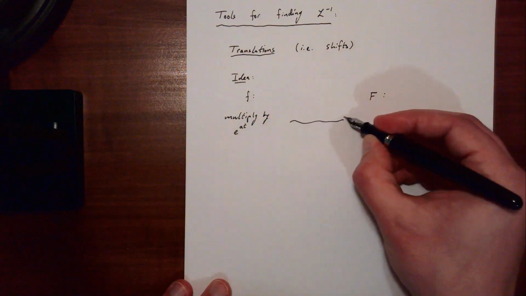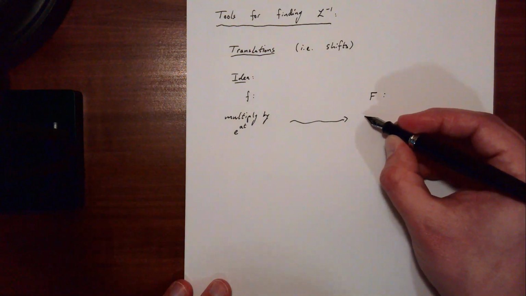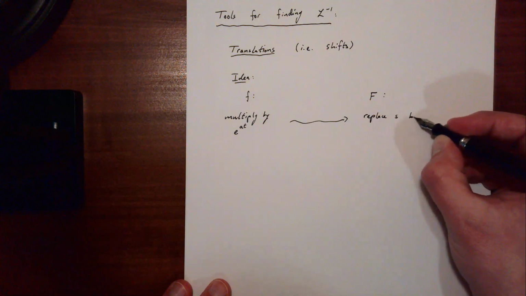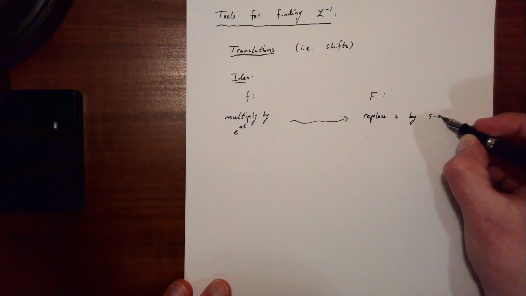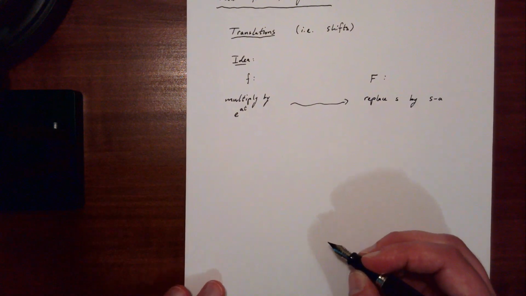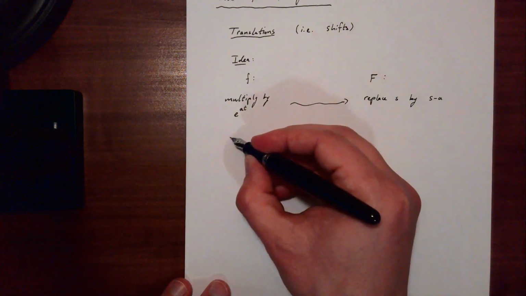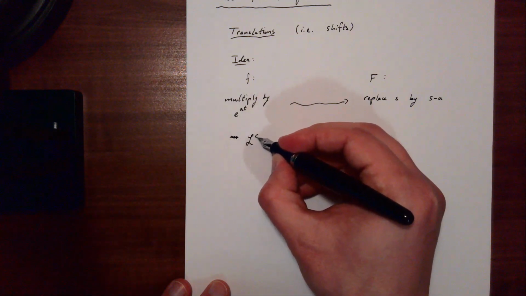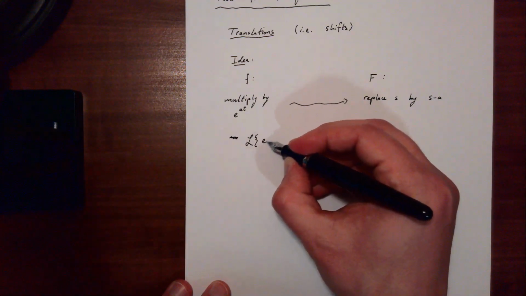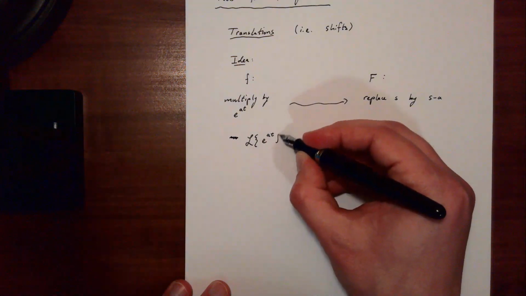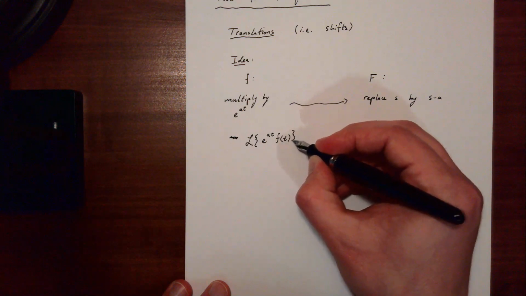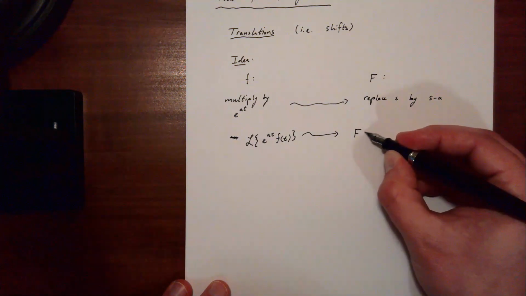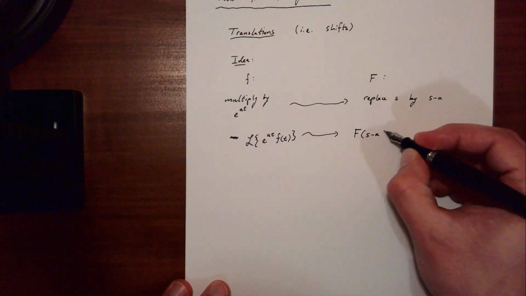Well, over here, what that corresponds to is replace s by s minus a. So in other words, the Laplace transform of e to the at f of t, that corresponds to F of s minus a.